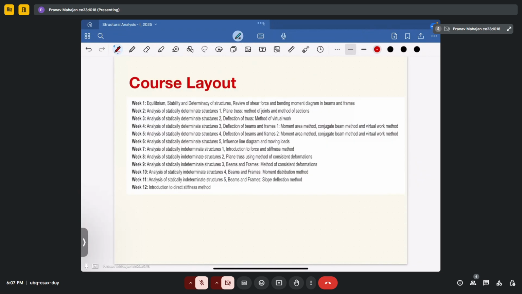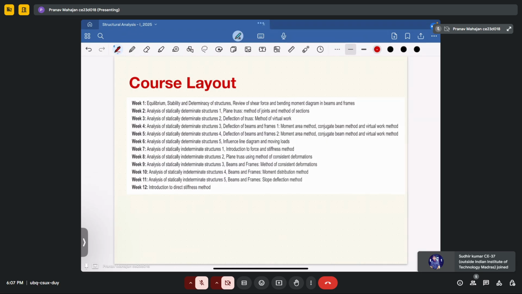So till now, what we have covered: we started with analysis of beams for shear force as well as bending moment calculations. Then we solved problems related to statically determinate structures, in which we saw how to calculate the member forces in trusses using the method of joints as well as the method of sections. Then we determined the deflection in truss members using the unit load method, which is based upon the principle of virtual work.